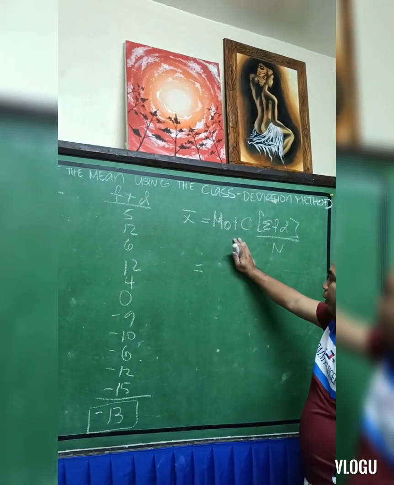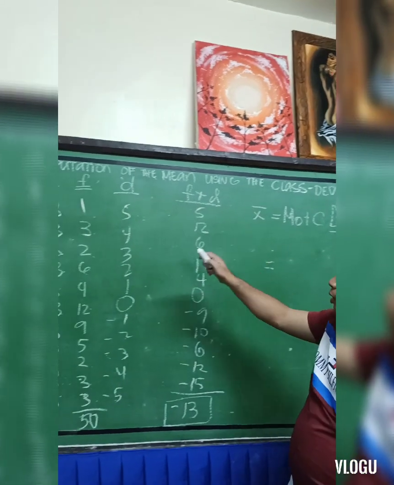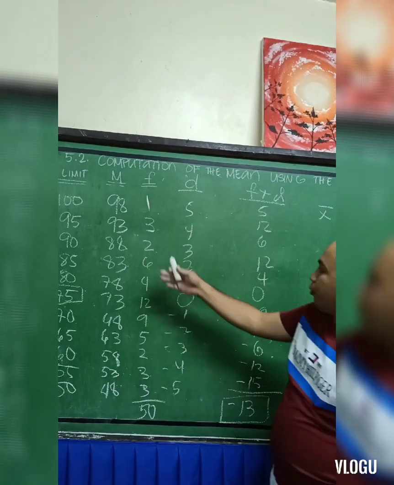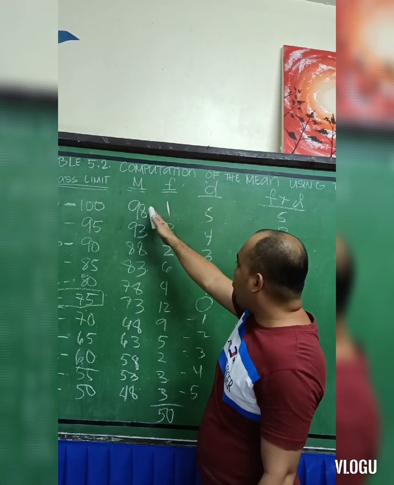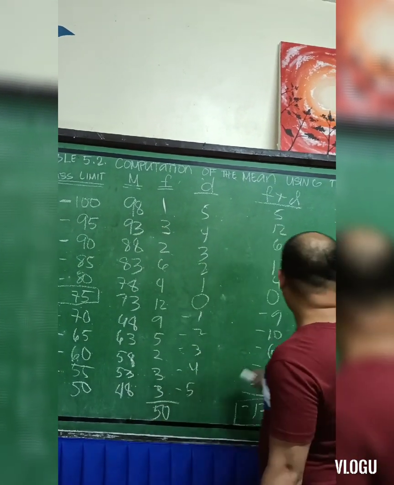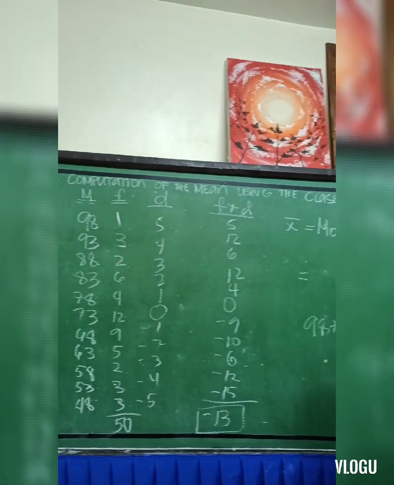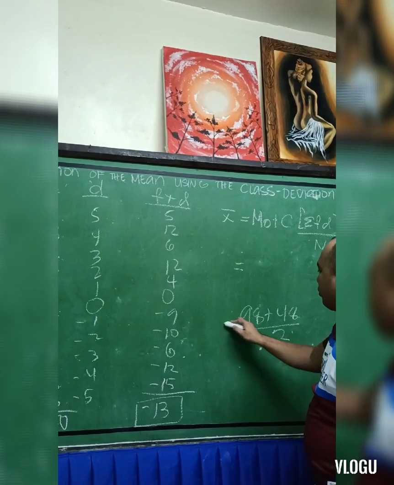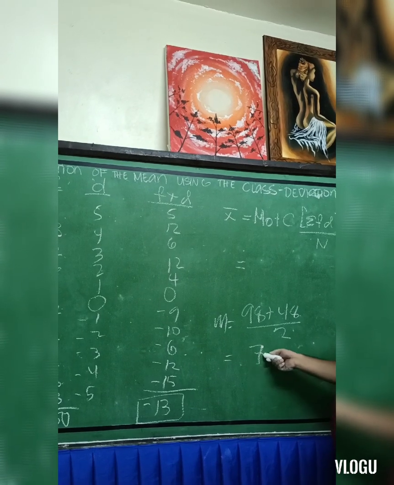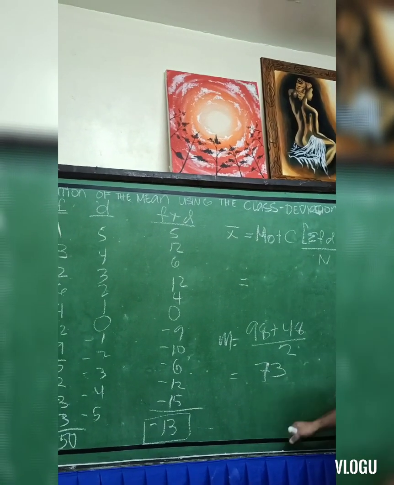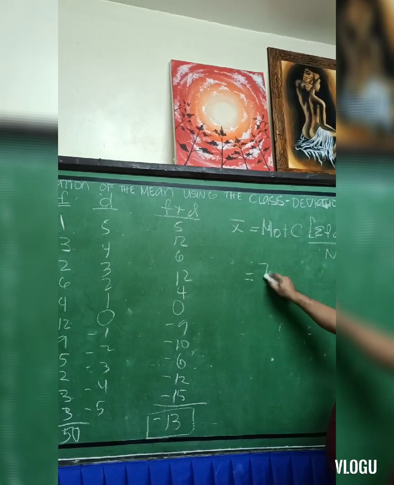So, midpoint of origin, we need to look for the midpoint of our origin. To get the midpoint, we just add the highest score and the lowest score, which is 98 plus 48 divided by 2, will give us the answer of 73. So our midpoint here is 73.